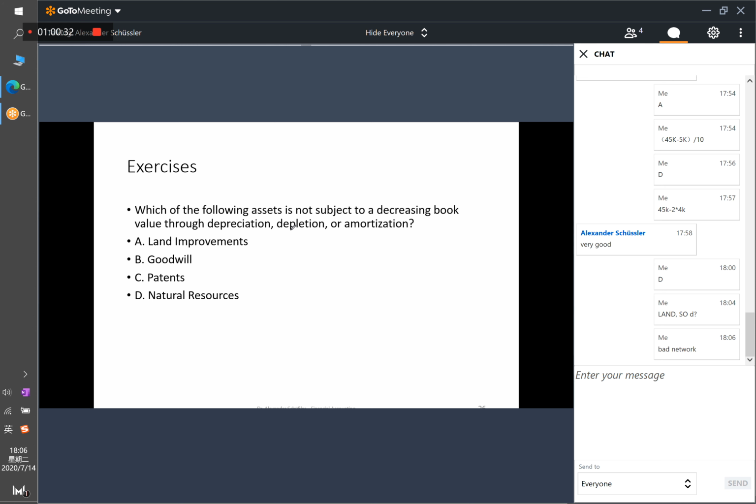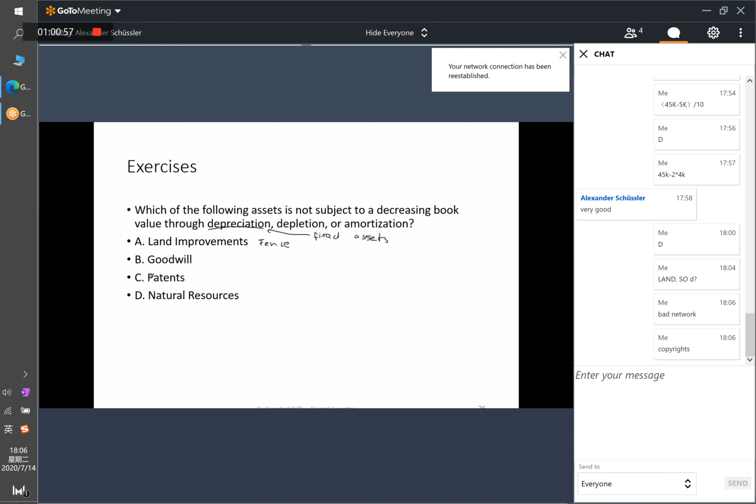What about patents? Patents are also copyrights, yeah.